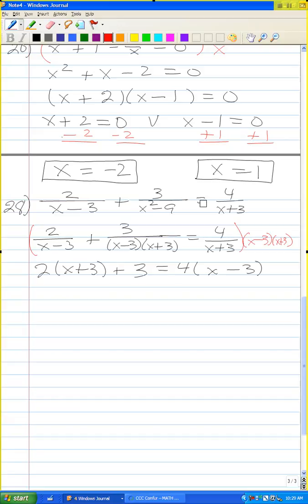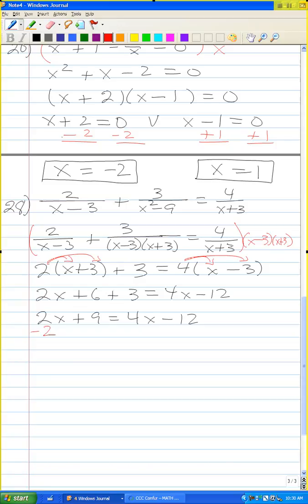Okay, so let me multiply the 2 in the parentheses, and the 4 in the parentheses. So I get 2x plus 6 plus 3 equals 4x minus 12. Combine like terms. 6 plus 3 is 9. Subtract 2x. Add 12 to both sides of your equation.